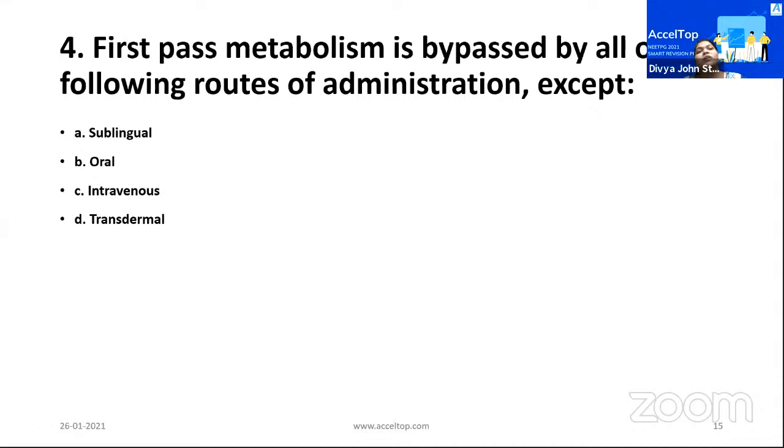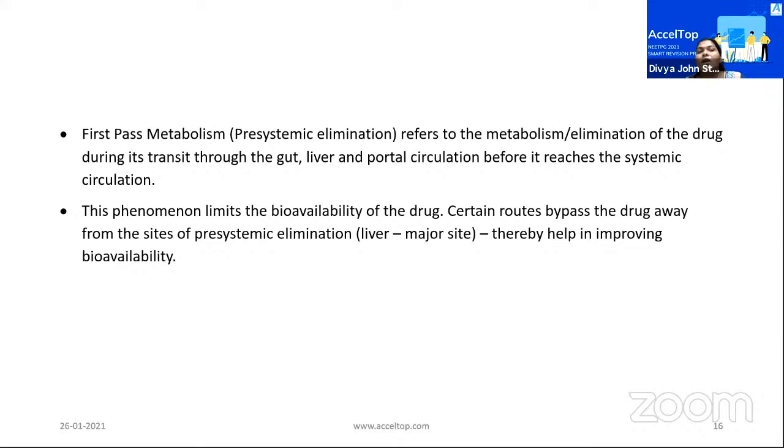Next question: first pass metabolism is bypassed by all the following routes of administration except. This is one of the easiest questions anybody will answer. First pass metabolism, otherwise called pre-systemic elimination, refers to metabolism or elimination of the drug during its transit through the gut, liver, and portal circulation before it reaches the systemic circulation.